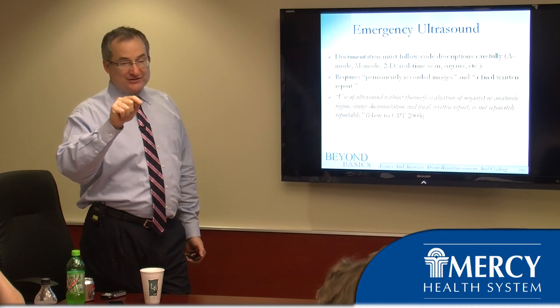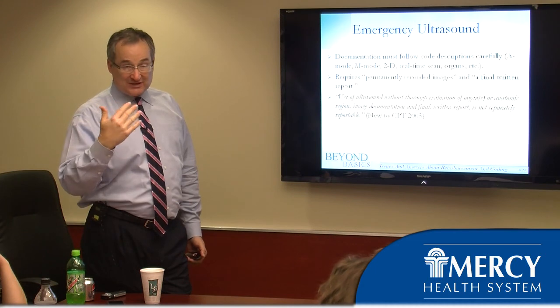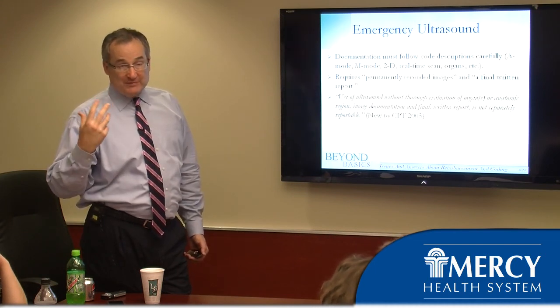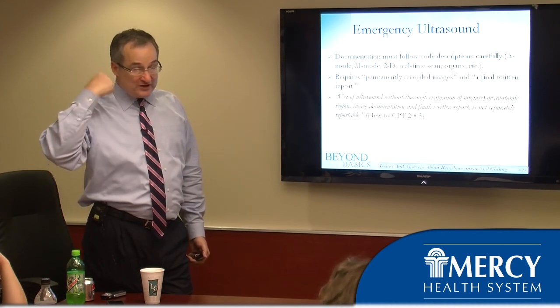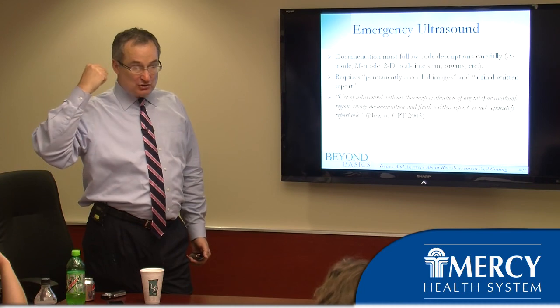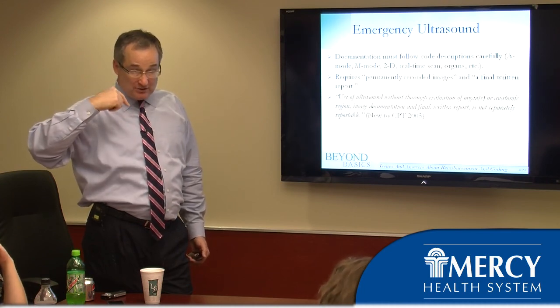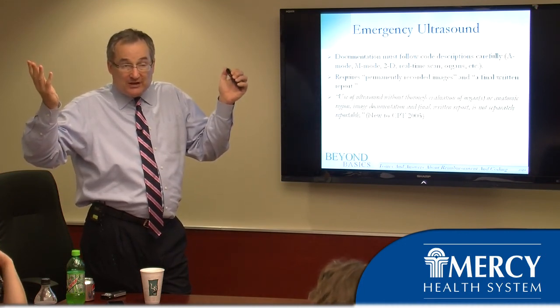I'm not certain that's definitive. I think it's a good idea because for risk management, that's what we want to prove: we got it in the right place. But a stored image, even if the image is just that the vessel is patent before we go in, that we can see there's no occlusion and I now have my pathway clear to where I'm going in, that would be a reasonable storage of the image.